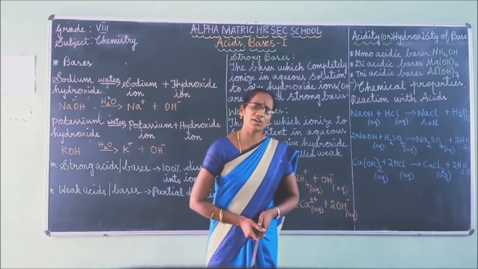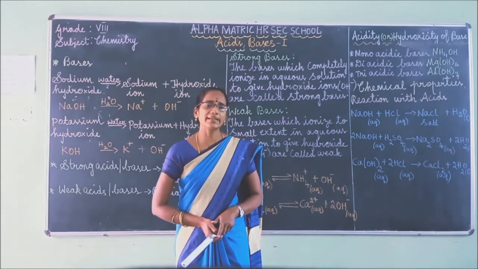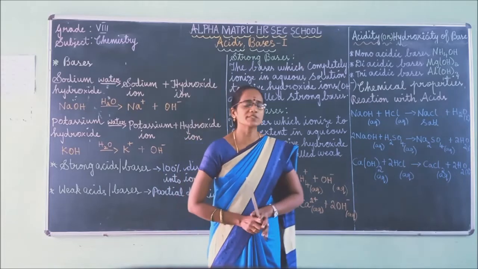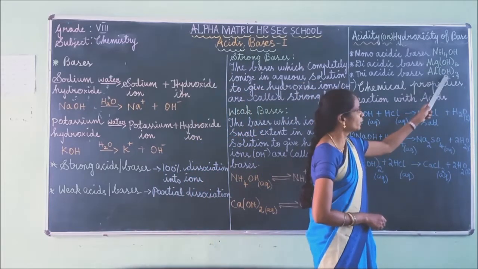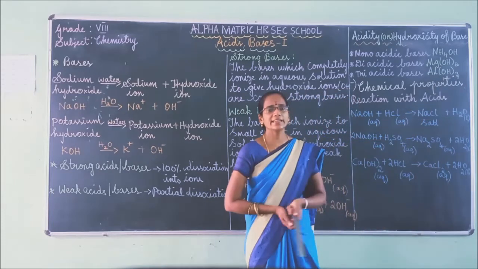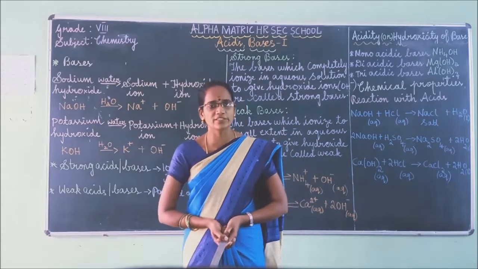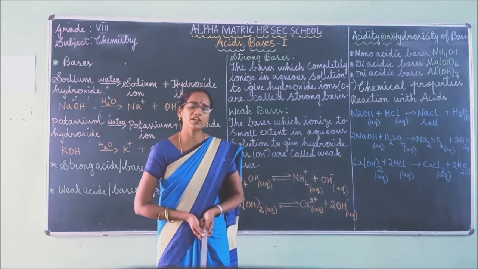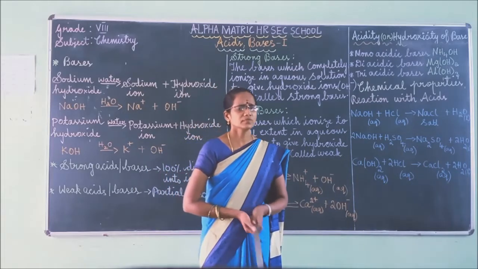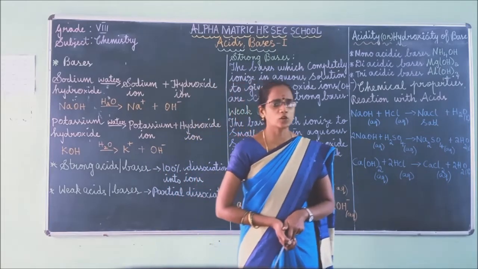Then what about triacidic base? The base which contains three hydroxyl groups is called a triacidic base. Example, aluminium hydroxide, Al(OH)3, and ferric hydroxide, Fe(OH)3. These come under triacidic base because they contain three hydroxyl groups.